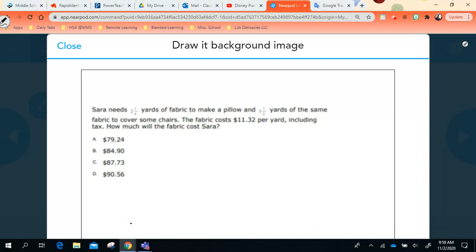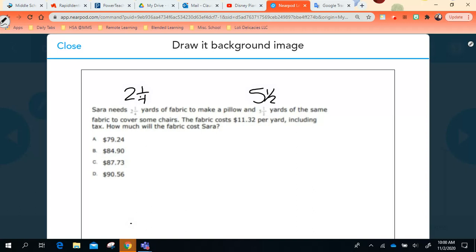Sarah needs 2 1/4 yards of fabric to make a pillow, and 5 1/2 yards of the same fabric to cover some chairs. The fabric costs $11.32 per yard. How much will the fabric cost Sarah? Look, Sarah's back.